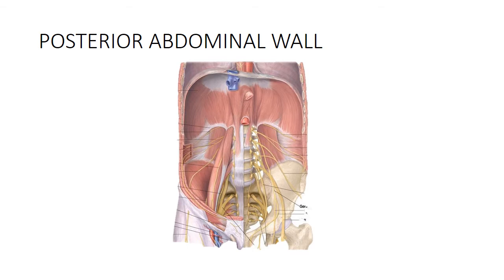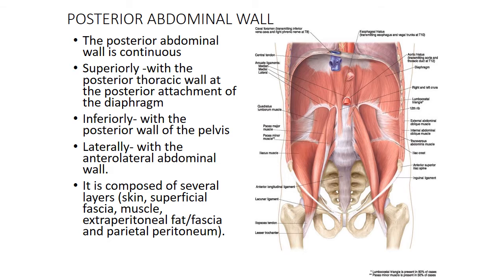Now, the next topic is the posterior abdominal wall, and this will be the last topic of the posterior abdomen. This is the wall which covers the abdomen from the posterior aspect. See, this whole wall on the posterior aspect of the abdomen is called the posterior abdominal wall.